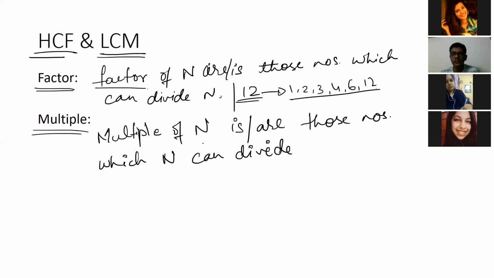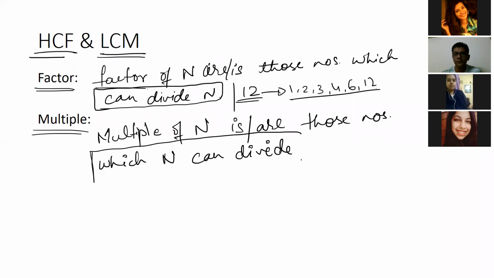So if you see the difference between factors and multiples, in factors, I'm looking at numbers which can divide n, and in multiples, I'm looking at numbers which n can divide. Understood the two differences, right?